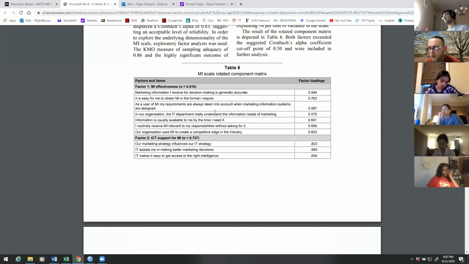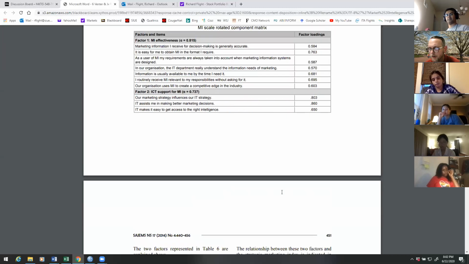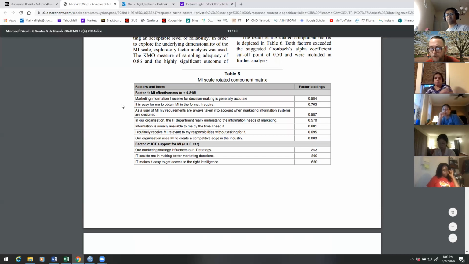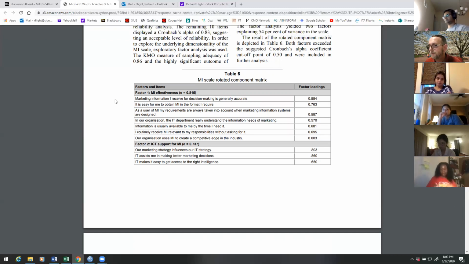Okay, a couple more factors. I can't remember whether they did all of this at once. They should have. It looks like they ran 2 separate factor analyses, but technically you're supposed to run them all together. Again, we've got some interesting factor loadings going on here, but we have a pretty high alpha.